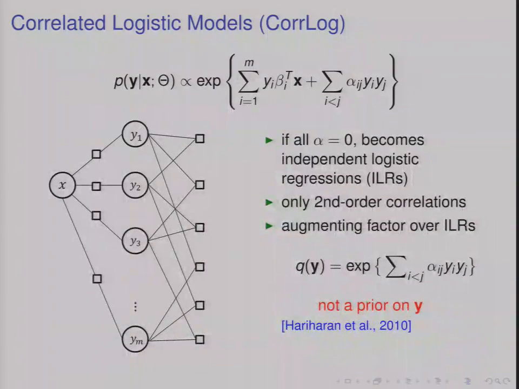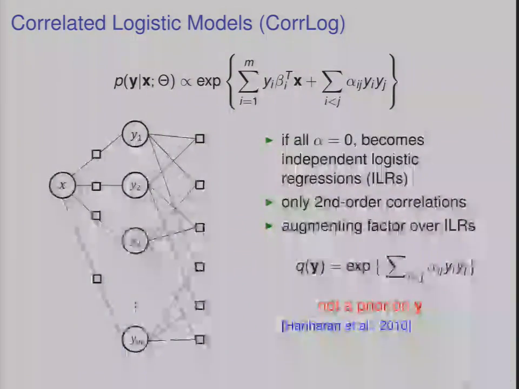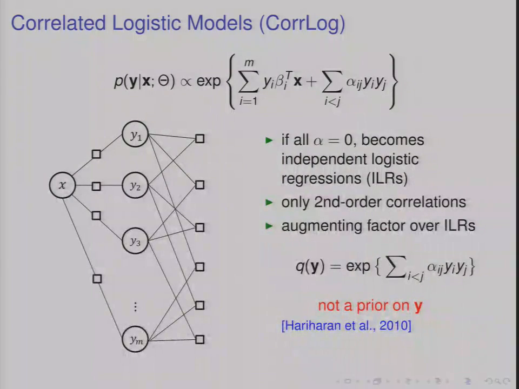If we restrict all the correlation coefficients alpha to be 0, then CorrLog degenerates to independent logistic regressions. So CorrLog is just an augmentation of independent logistic regression by considering only the second order correlation between labels. Another thing worth mentioning is that the augmenting factor Q is exactly a function over label y. However, it is not a prior over y, so it cannot be learned separately from the model.